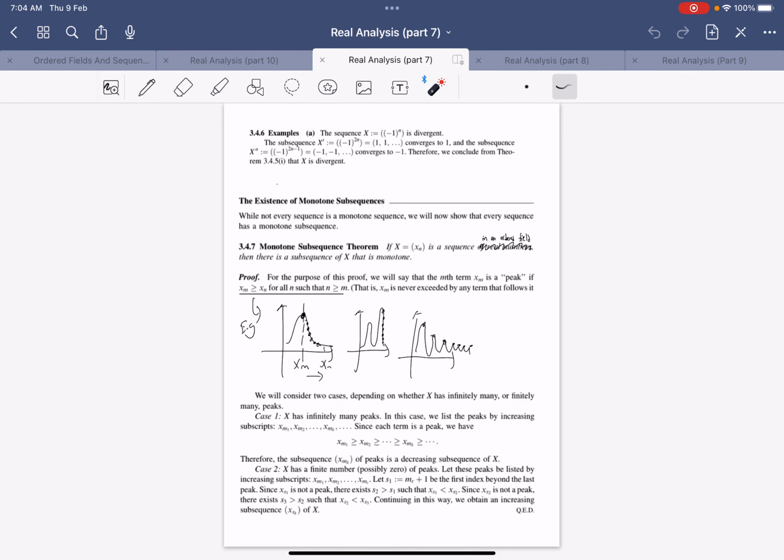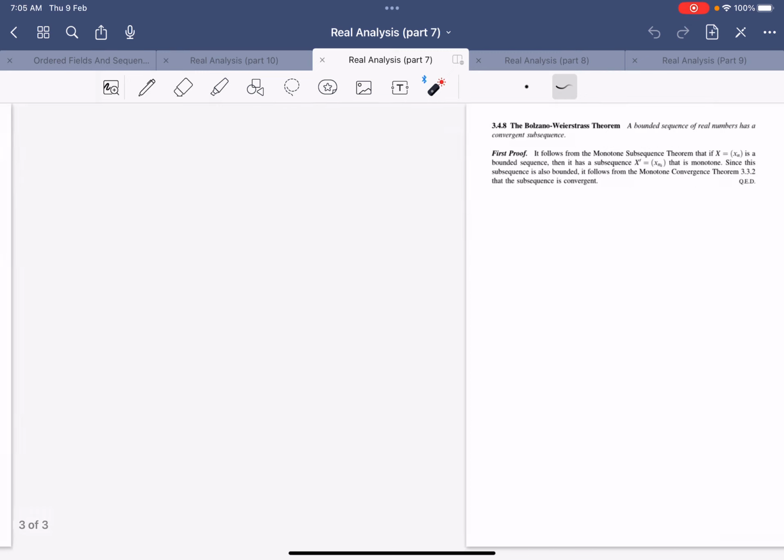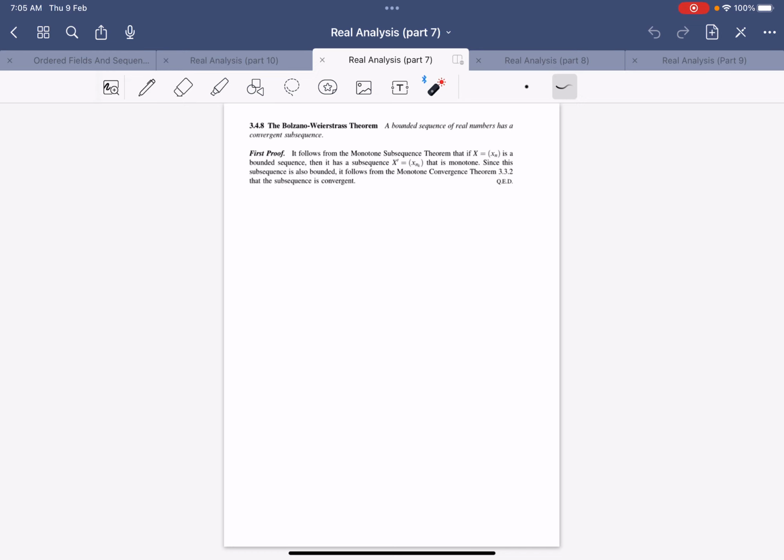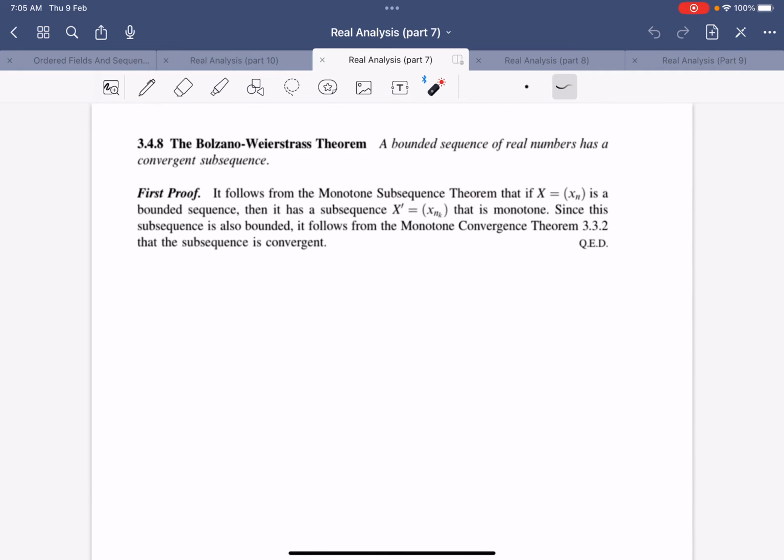And so we have the monotone subsequence theorem: if you're given any sequence, you always have a subsequence that is monotone. This leads to my last point, which makes use of the fact that we have a monotone subsequence. Because in the real numbers a bounded monotone sequence is convergent, a bounded sequence of real numbers will have a convergent subsequence.